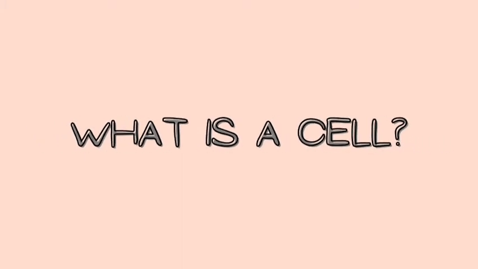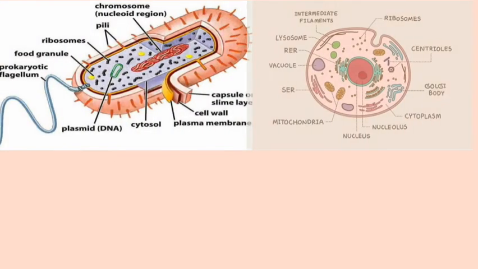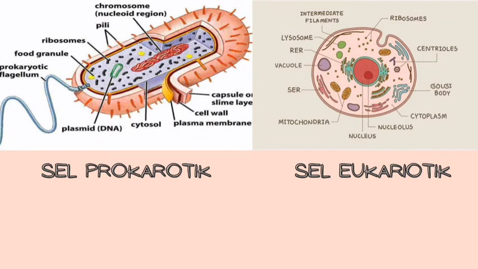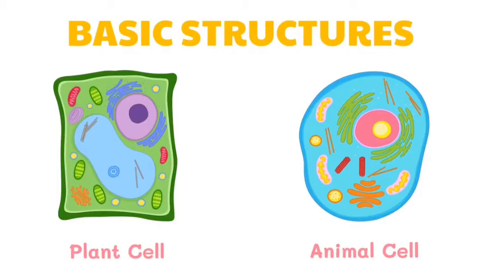Cells are divided into two types, prokaryotic cells and eukaryotic cells. Prokaryotic cells do not have a nuclear membrane, and eukaryotic cells have a nuclear membrane. Next, I will explain about animal cells and plant cells.